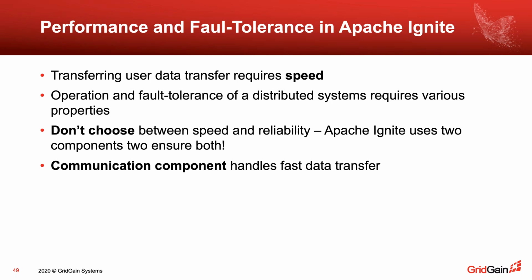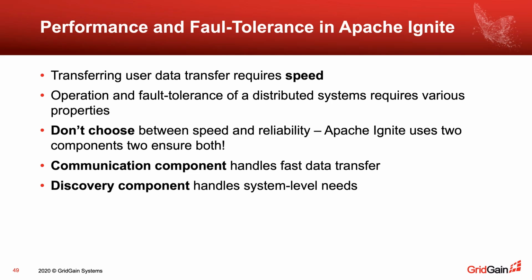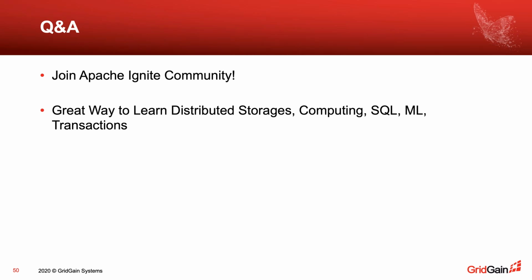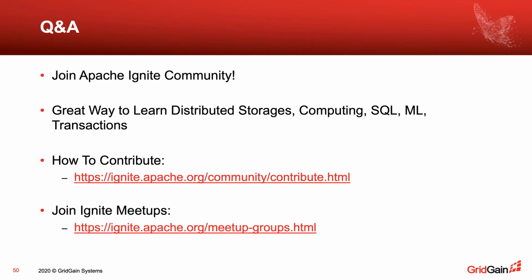Communication is used for fast data transfer, and discovery handles all the rest, all the internal stuff to make sure that communication can do the work that is actually valuable for our businesses. And this is all I had for you today. And now I'm ready to take some questions, if any.